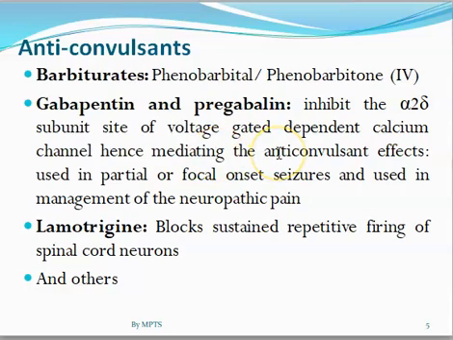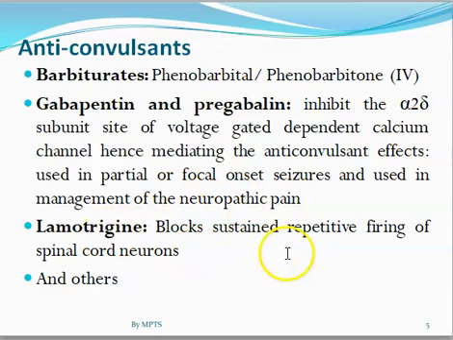Now, they do not act on GABA besides their pronunciation, gabapentin. They have a different mechanism. Gabapentin is used in partial, focal, and focal onset seizures. However, it is also used in the management of neuropathic pain.